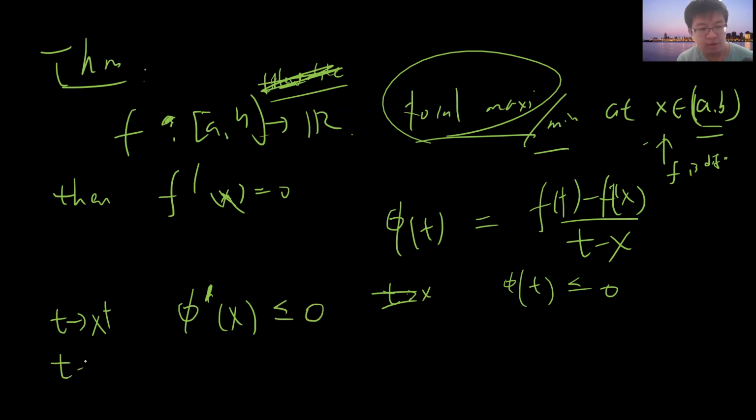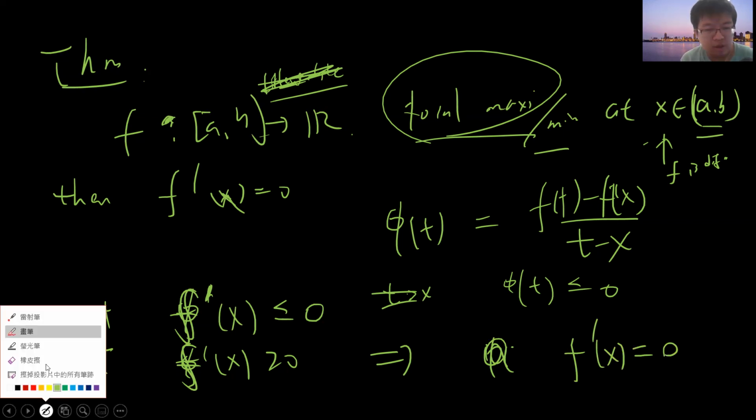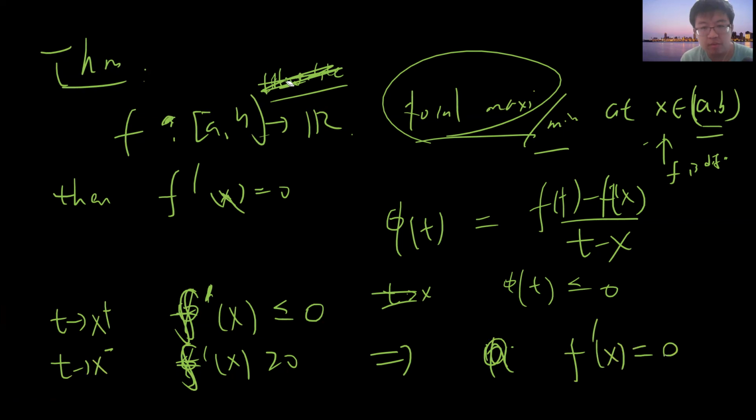If t goes to x from the left, then t minus x is negative, but the numerator is still nonpositive, so phi prime of x is greater than or equal to 0. So you showed, sorry, not f, phi. And so you get f prime of x is 0, because if it's greater than or equal to 0 and less than or equal to 0, then it must be 0. So let's write it more clearly.